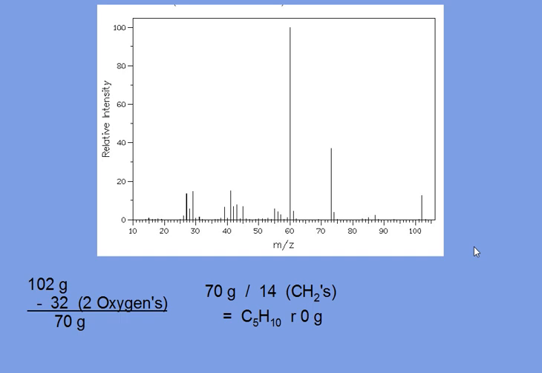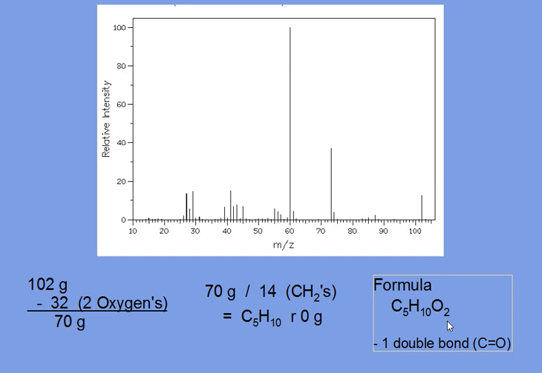And then taking into account the two oxygens gives us a formula of C5H10O2, and we're 2 hydrogens short of our normal saturation if there were 5 carbons. Of course, CnH2n+2 would suggest 12 hydrogens, so we're 2 short, which can be accounted for with the carbon to oxygen double bond. So the mass spectroscopy fits with our idea that we've got a carboxylic acid.